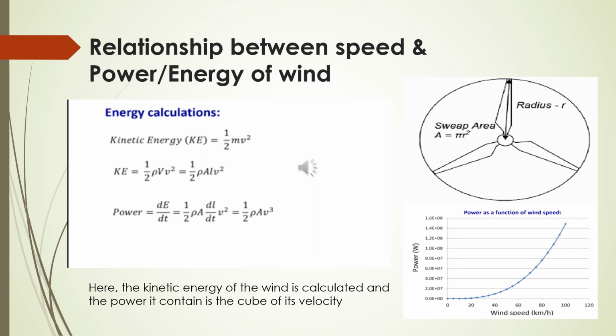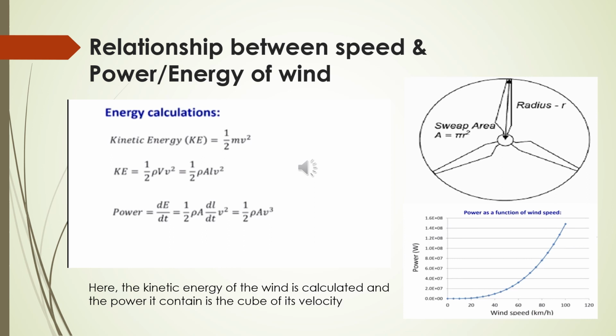Now moving to the power. As we all know, power is dE by dt, which is the rate at which the energy can be delivered. So by putting the values of kinetic energy here, we get half rho into area into the cube of the velocity of the wind.